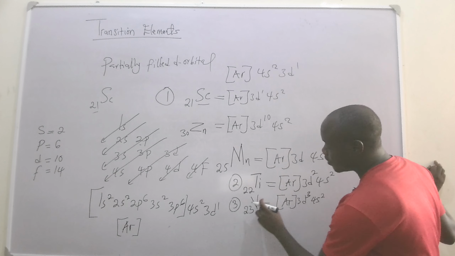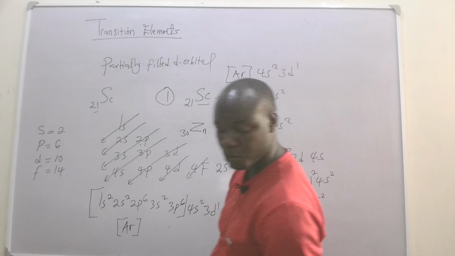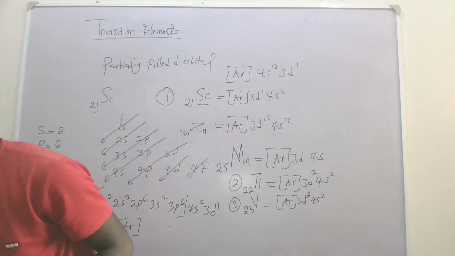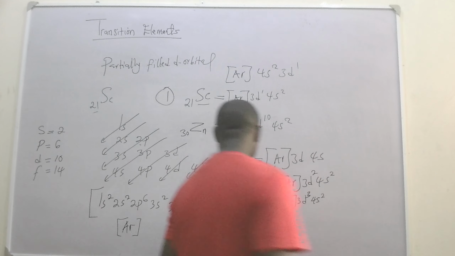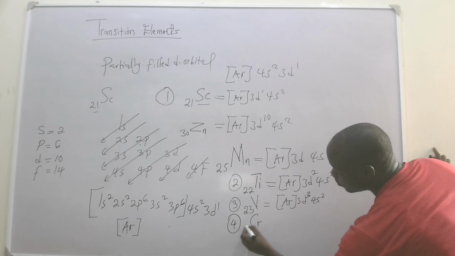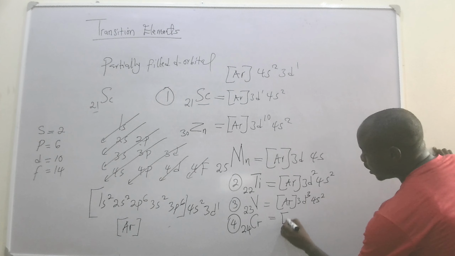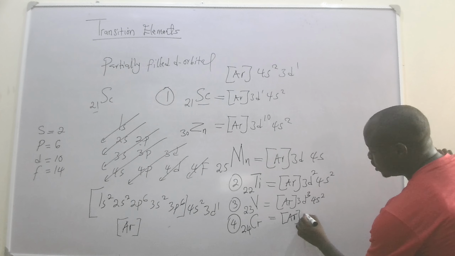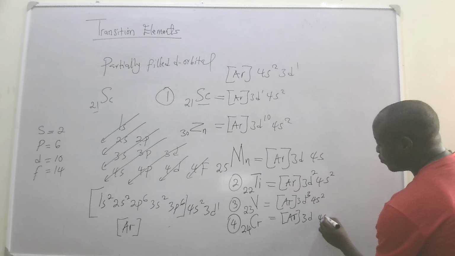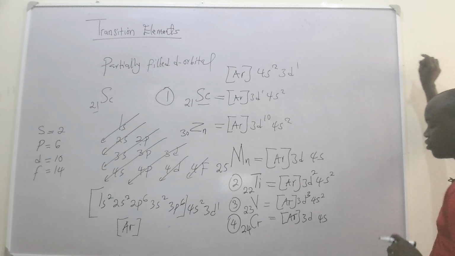So after vanadium, the next element is chromium, Cr, which is number 4. Number 4 is chromium, and the atomic number is 24. So therefore, we now have argon configuration, then we have 3d4s. But here, ladies and gentlemen, there is something very important. So it's 24.